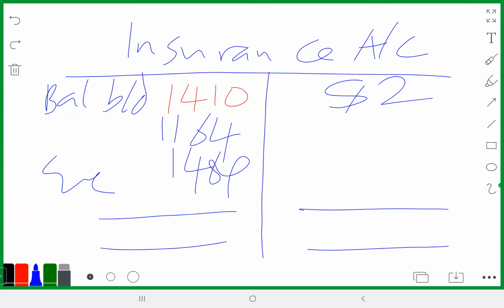Can we close up this account by summing up both sides? Let's sum up both sides and see what it is totaling up to.